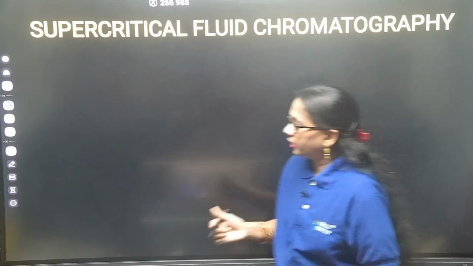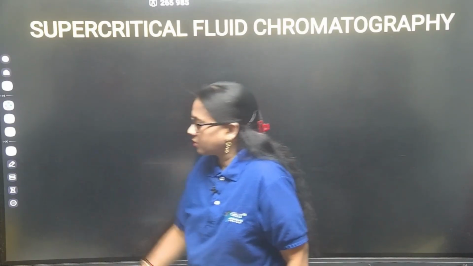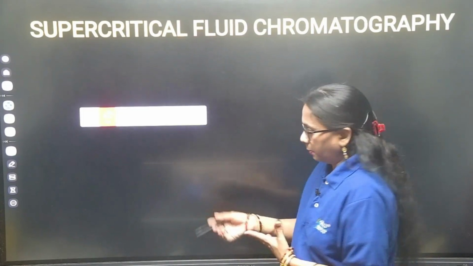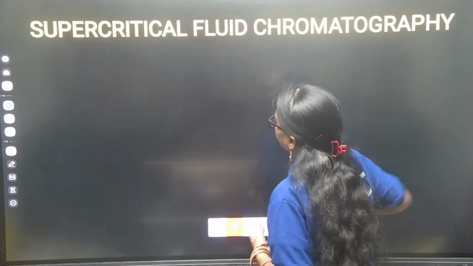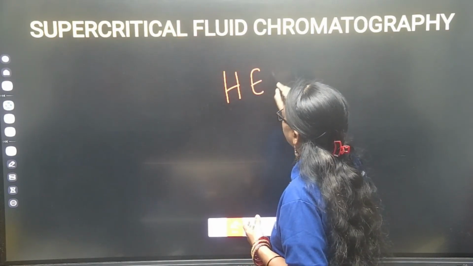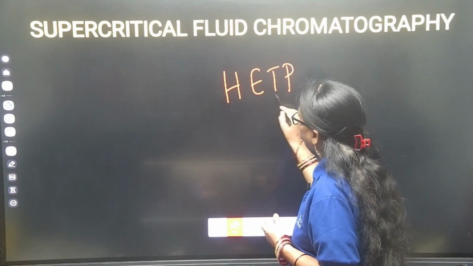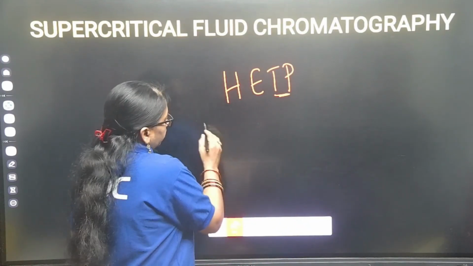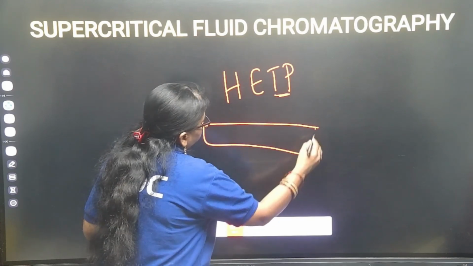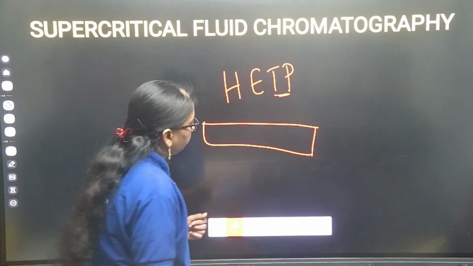We know that HETP means height equivalent to theoretical plates, right? Actually, theoretical plates are a very hypothetical type of statement we make about the columns we use in liquid chromatography.